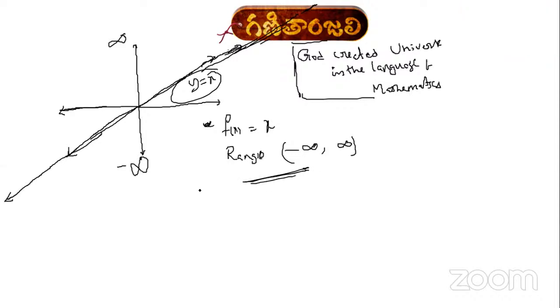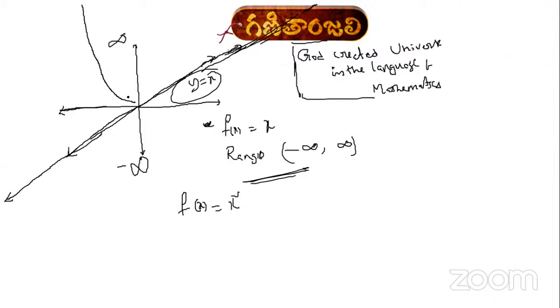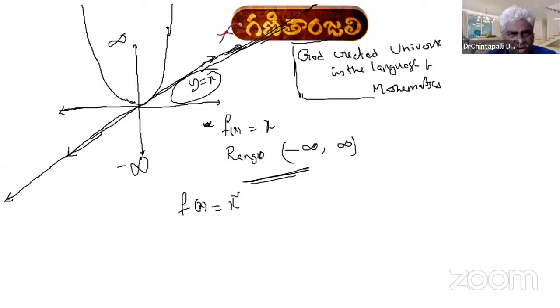And at this time, please tell what is the range of the function f of x is equal to x square. If we draw, this is the graph of f of x is equal to x square. So the domain is going to be negative infinity to positive infinity. We are not discussing domain, it's range. Range means value, output.